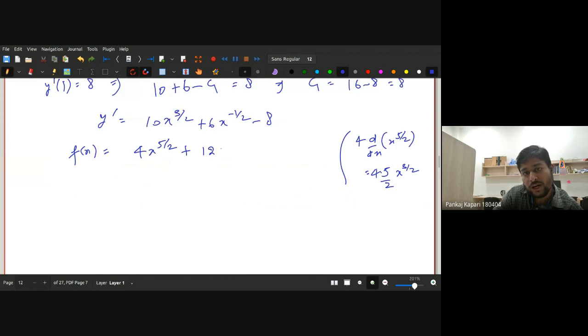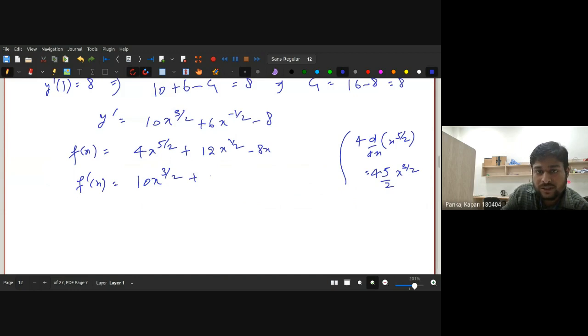if you consider 12 times x to the power half, you can see that its derivative will be 6 times x to the power minus half, and let's consider 8x. Now if you differentiate this function, you will get precisely 10 times x to the power 3 by 2 plus 12 times x to the power minus half and minus 8, which is equal to y prime.